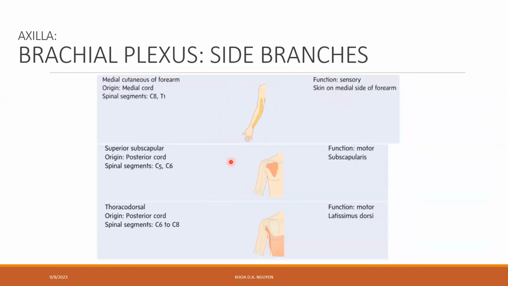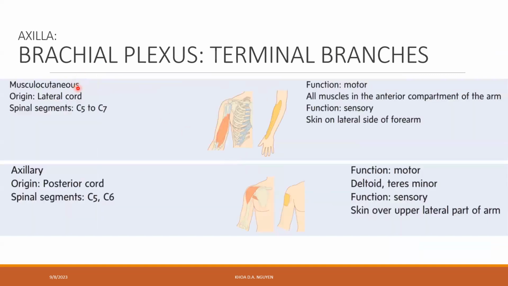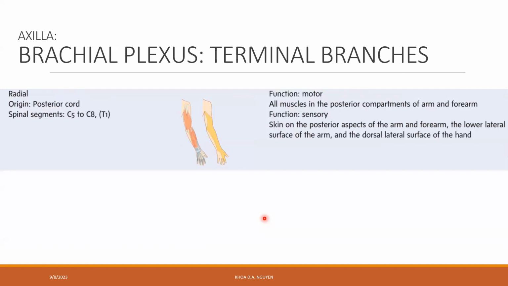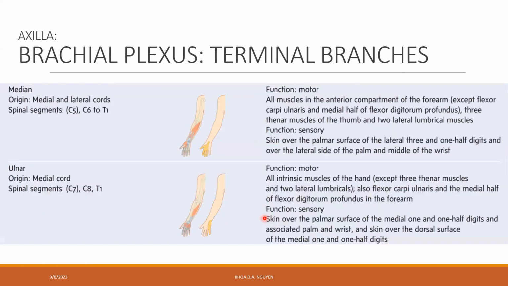So now what you should be focusing your efforts on are going to be these slides right here: the musculocutaneous, the axillary, the median, the ulnar, and the radial. I'm not going to go through every single one of these slides right now because it is going to be too much for your brain to handle, and we will cover a whole lot of this during subsequent lessons anyway.